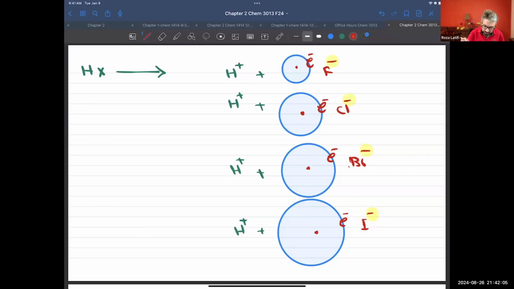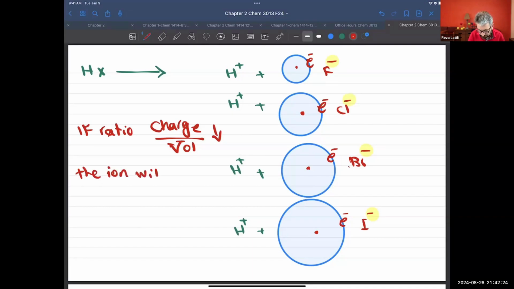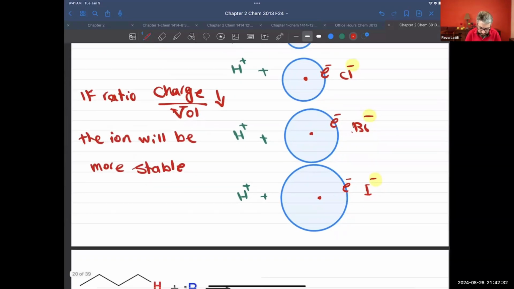Keep this term in your mind: if the ratio of charge to volume goes down, the ion will be more stable. In this case, the charge for all of them is -1.